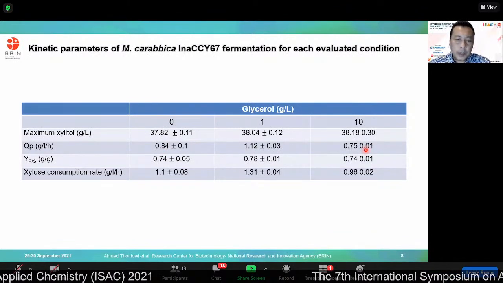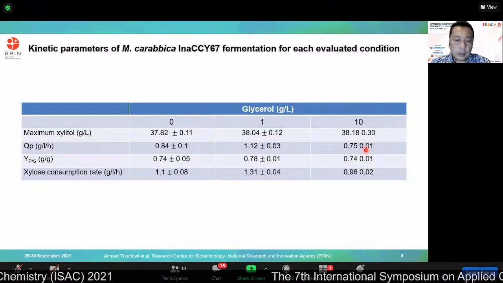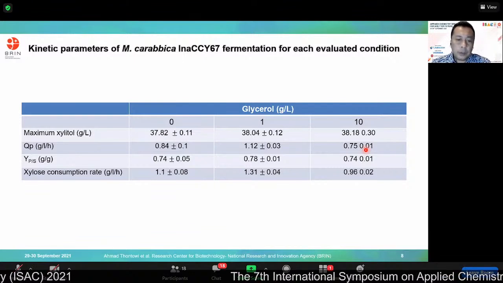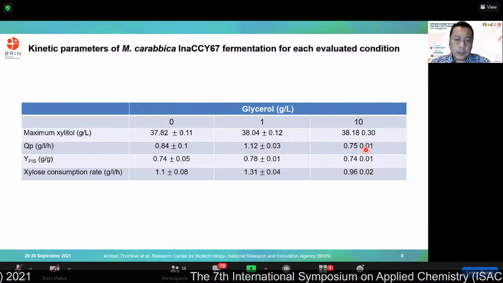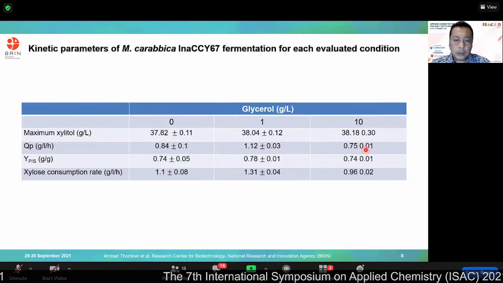The byproducts of the fermentation of cellulose to xylitol by the strain are glycerol and ethanol. Little or no ethanol was produced by this strain, but that was not shown in the presentation.